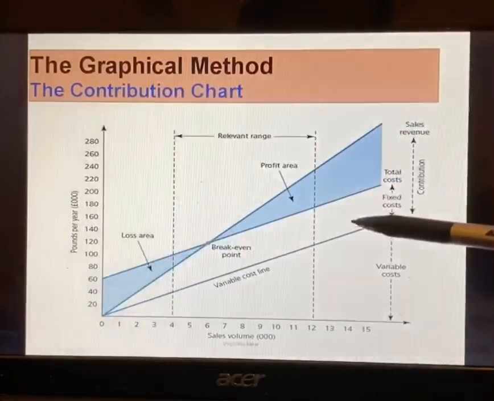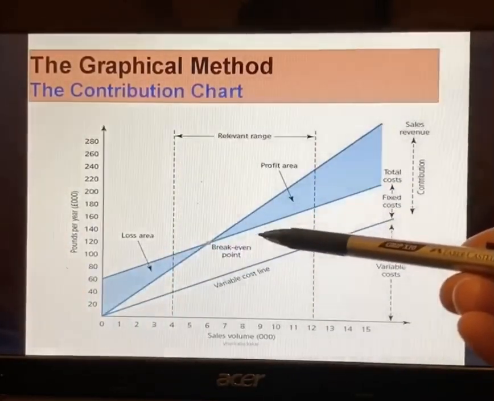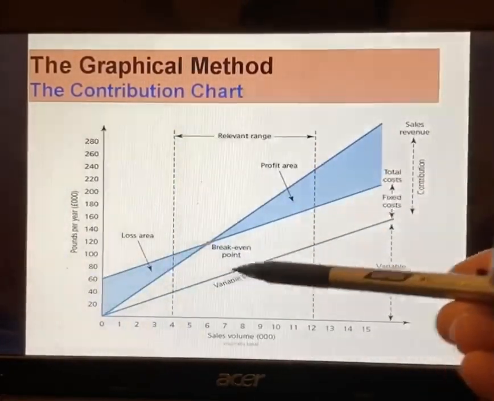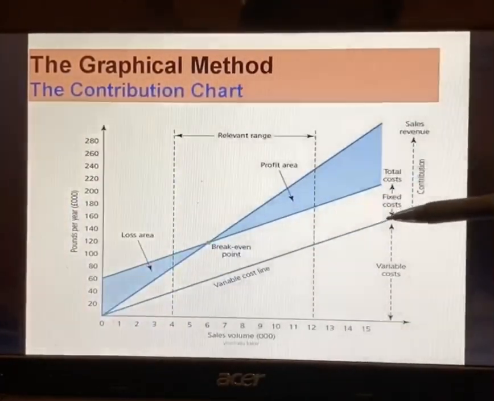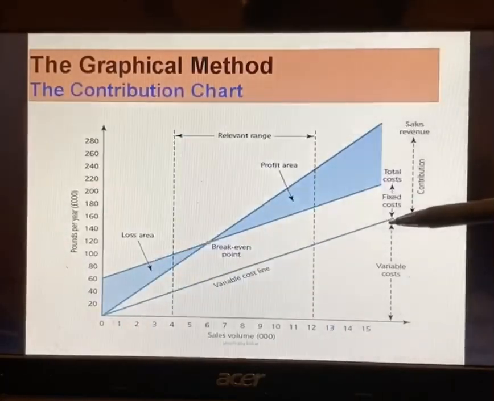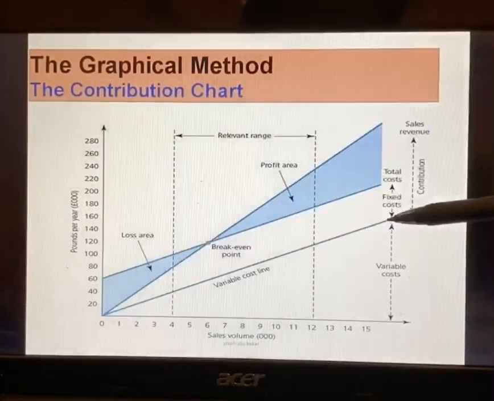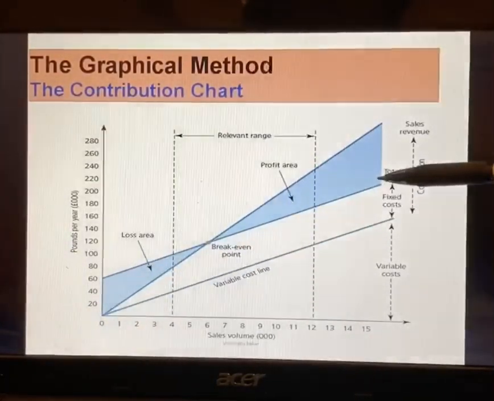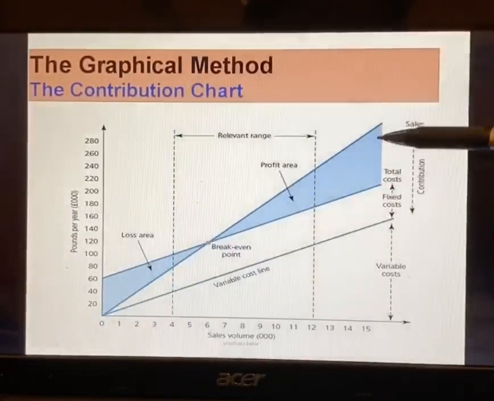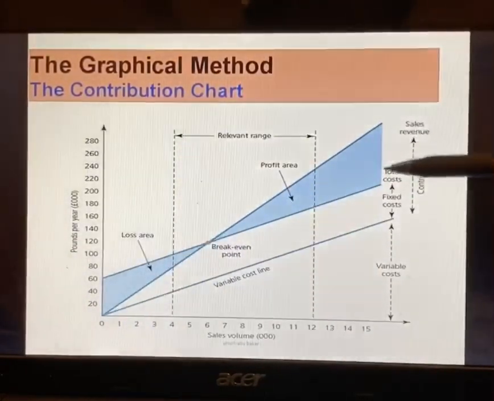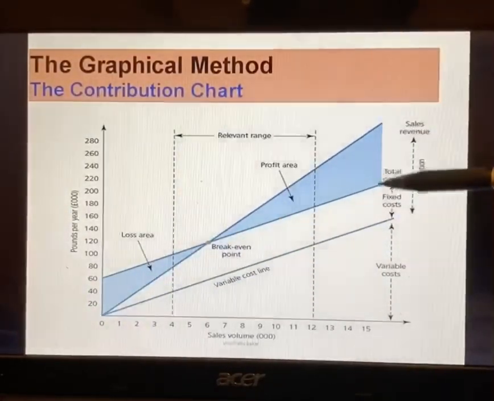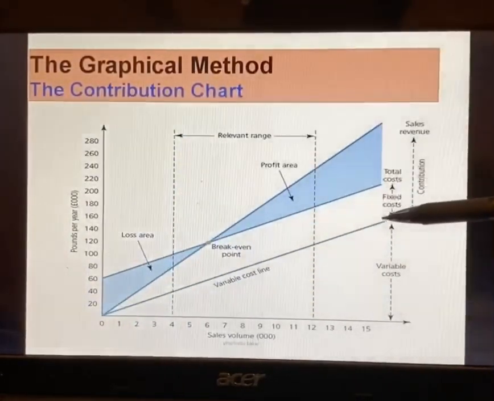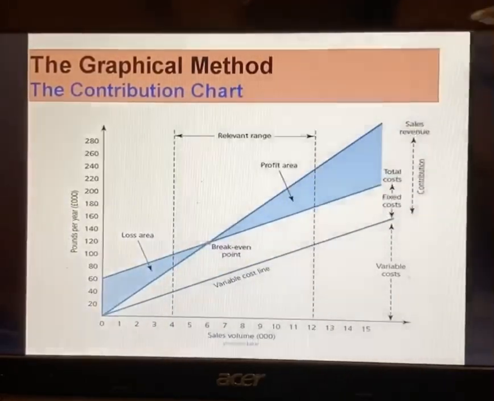So the difference between the variable cost and the total cost is the fixed cost. So it's starting from the variable cost line until the sales revenue line. So this is the contribution margin. Okay, contribution.